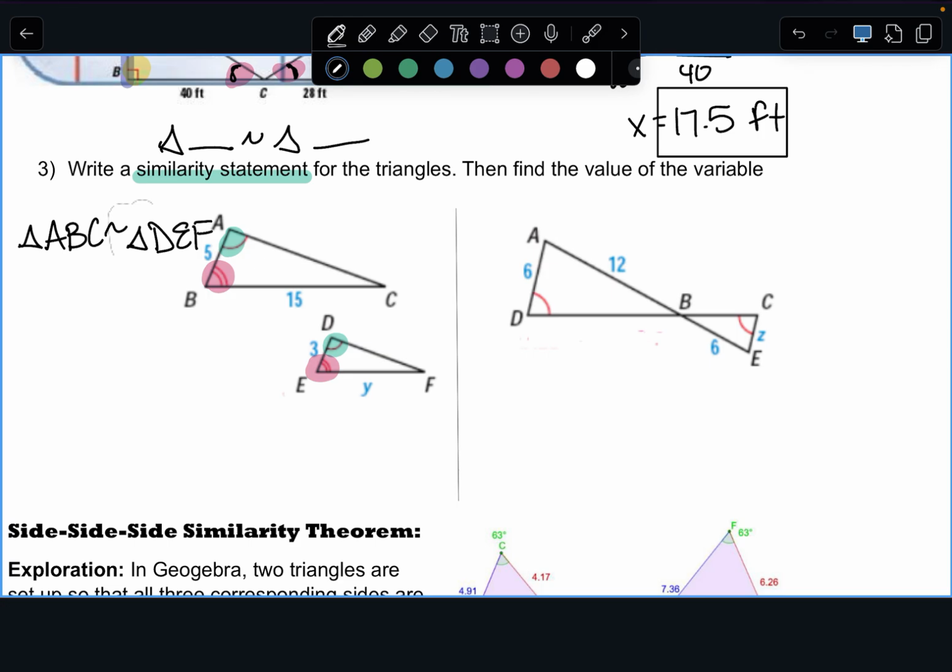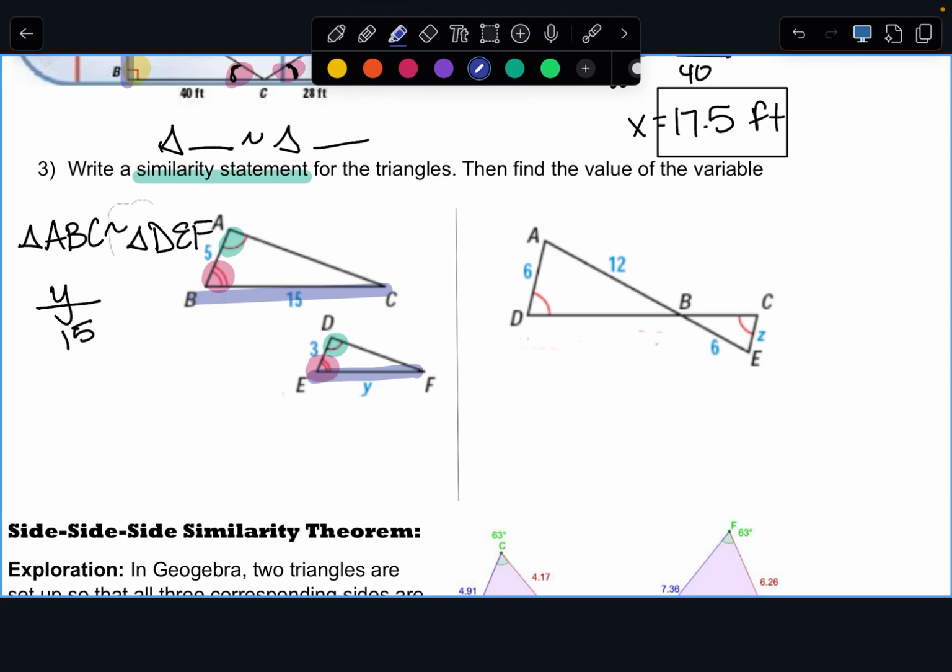And then it says find the value of the variables. So I'm going to find where my variable is first. My variable y is right here. It's on EF. What does EF correspond with? What are my last two spots over here? BC. So y is going to go with that 15 for BC.